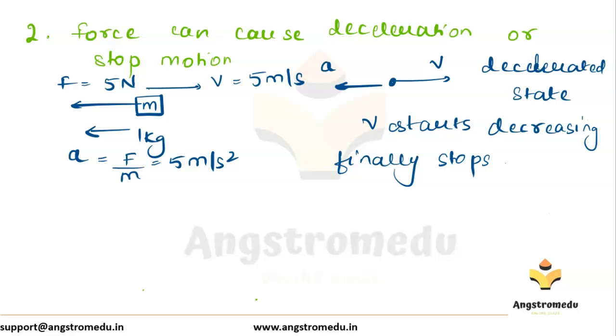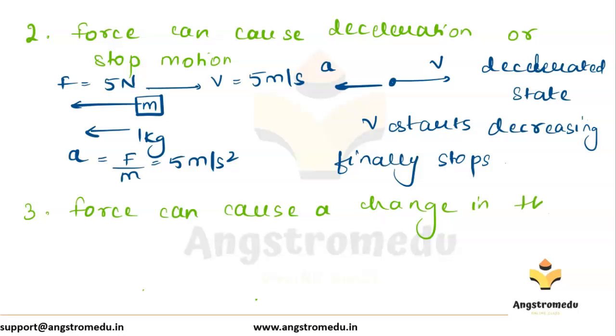The third situation is that force can cause a change in the direction of motion. We all see and play cricket in our daily life, and cricket and almost every other sport rely on force to change the direction of the ball.